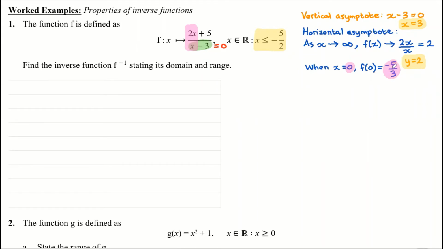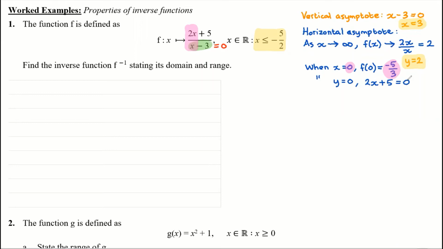And that's pretty good. Now we could also find the x-intercept. So when y is equal to 0, what happens? Well, the denominator can't possibly be 0. So we just have to consider when 2x plus 5 equals 0, the numerator. There's no way the denominator can be anything other than a non-zero amount.